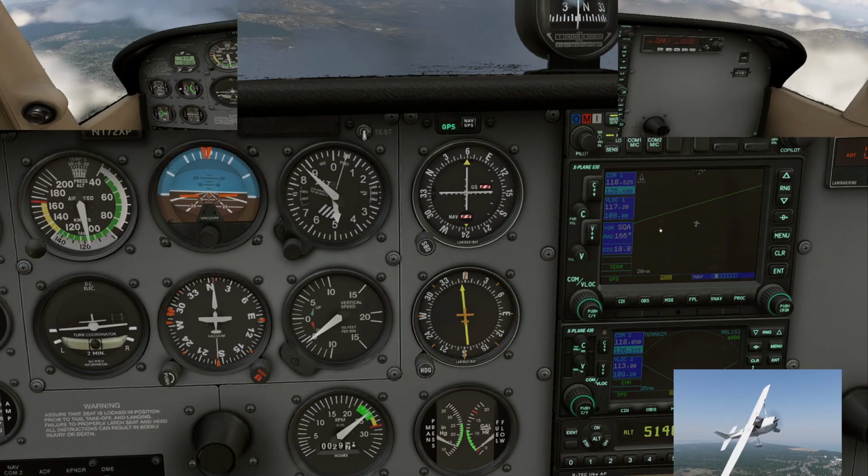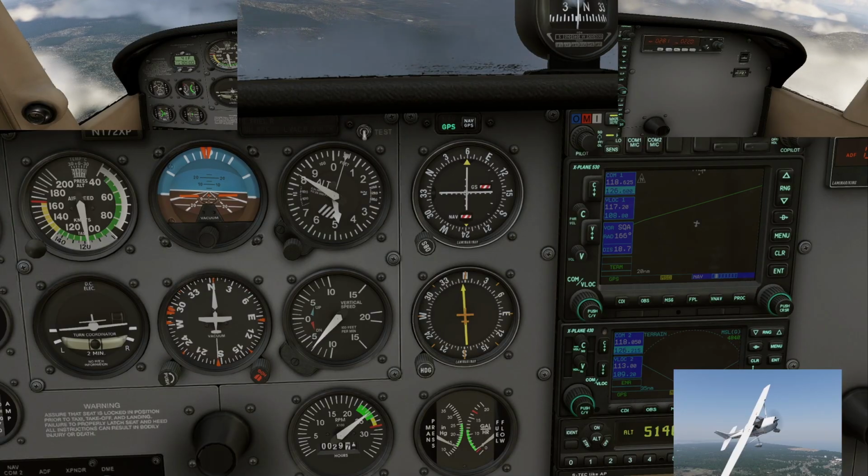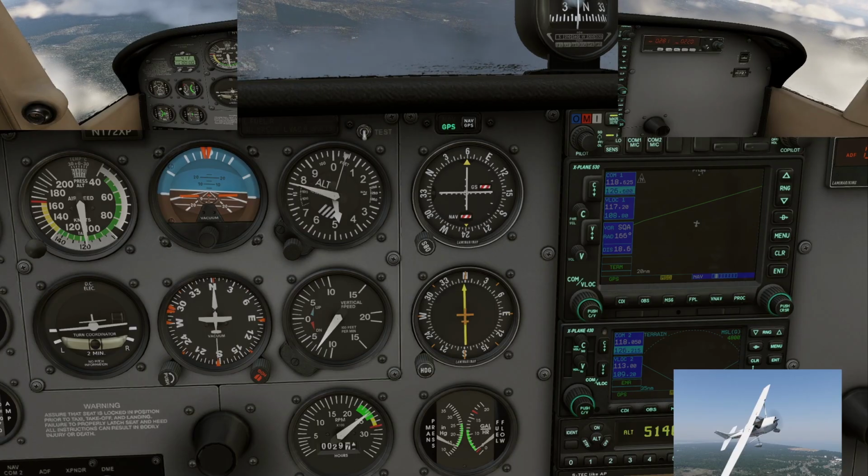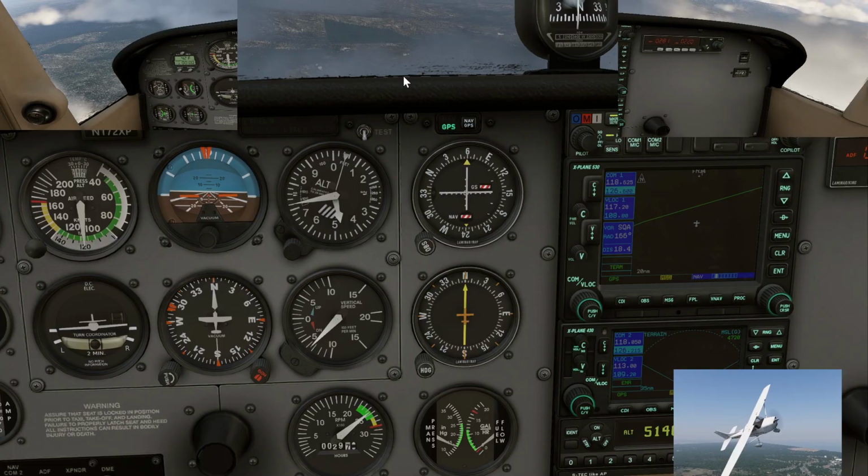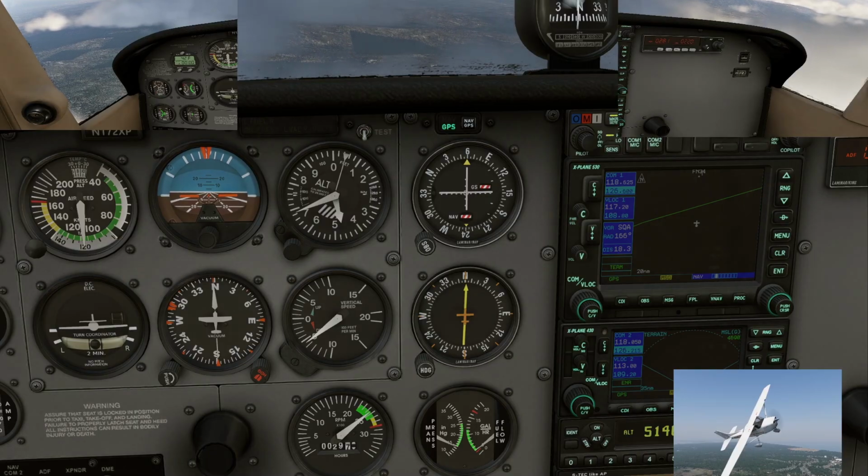Double check we still have our ADF working. See that coming in? There you go. That's 357.